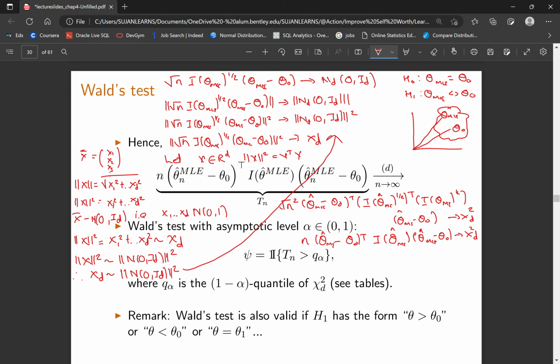Then on the left hand side we refactored and came up with the refined expression: n times theta MLE minus theta naught transpose, Fisher information of theta MLE, multiplied by theta MLE minus theta naught. And that's what we got. And this is a Wald test.